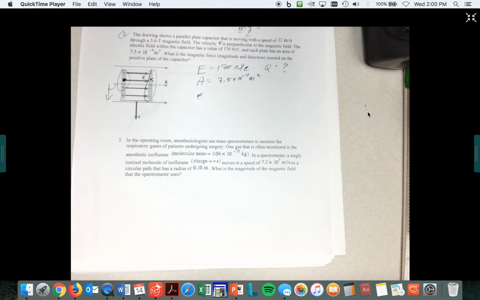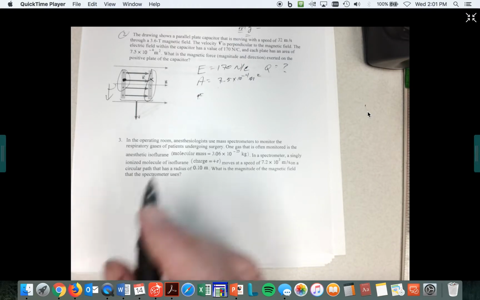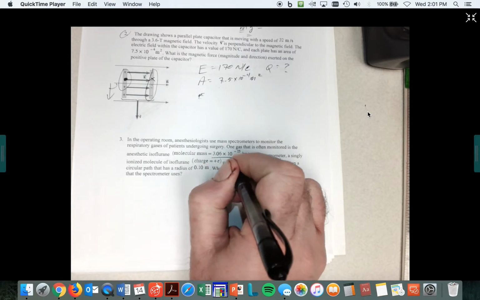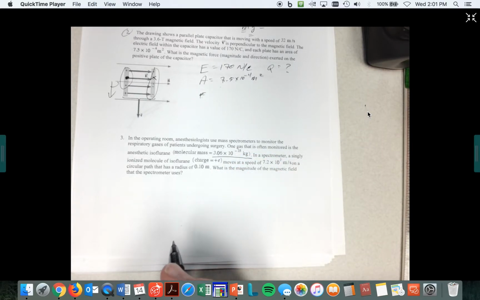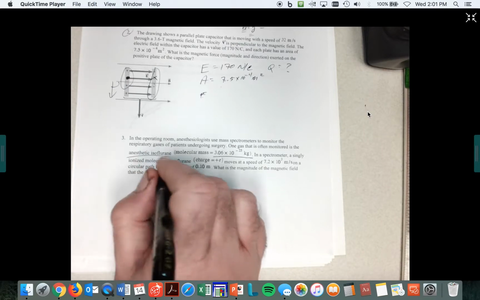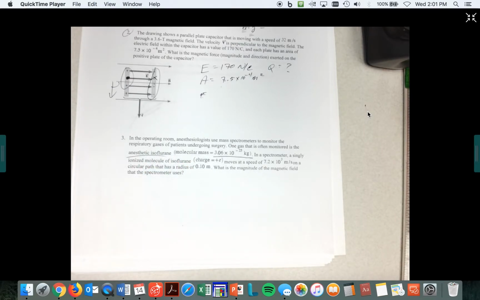He loved it. But anyway, in an operating room, this is just good old mass spectrometer stuff. We learned all about this. Here's the molecular mass of this thing. In a spectrometer, a singly ionized molecule of isoflurane, charged positive e, moves at a speed of 7.2 times 10 to the positive 3 on a circular path that has a radius of 0.1 meters.